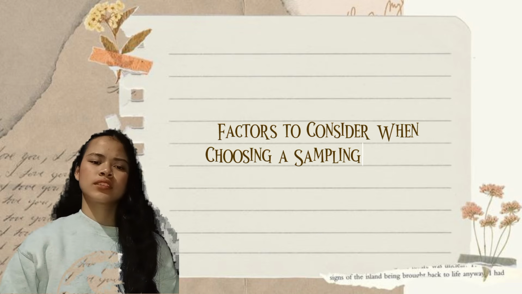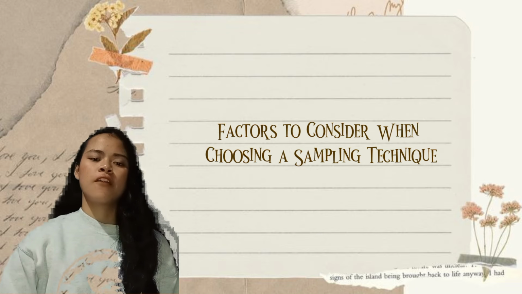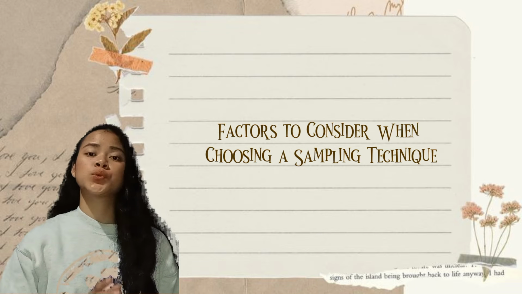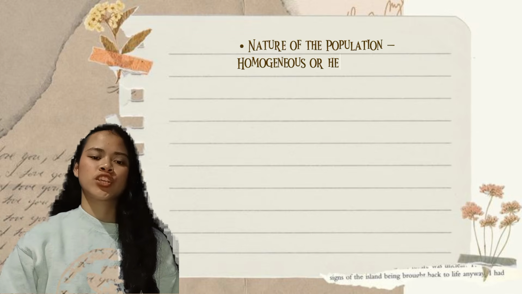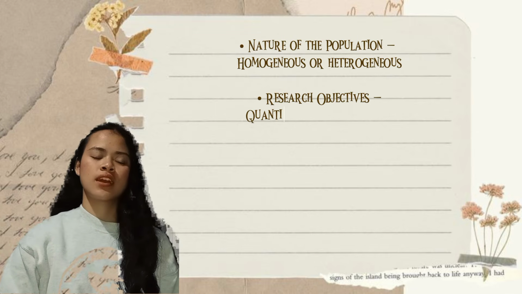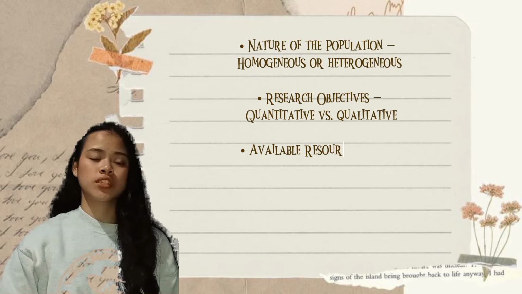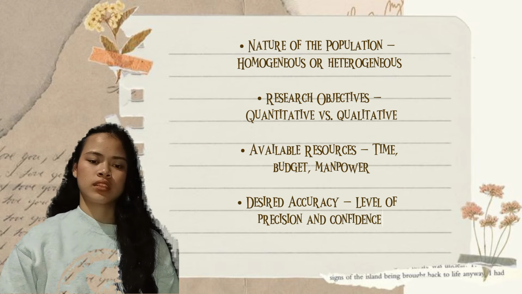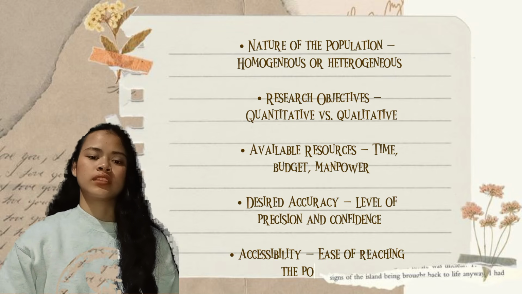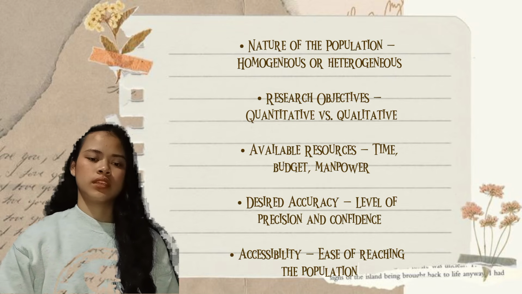Now let's tackle the factors to consider when choosing a sampling technique. First, the nature of the population, whether it is homogeneous or heterogeneous. Second, the research objectives, either quantitative or qualitative.